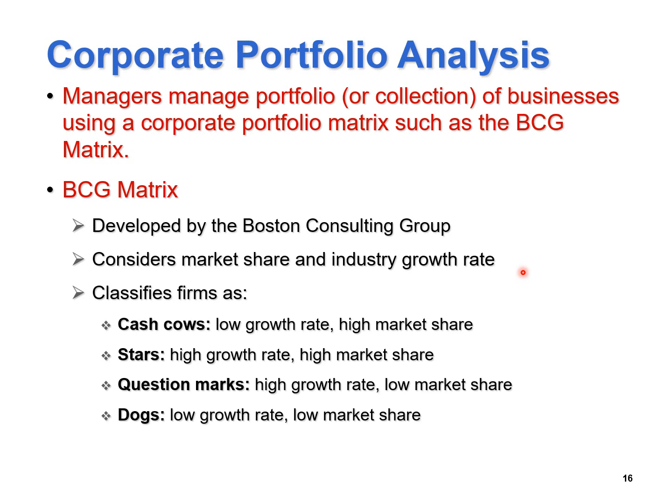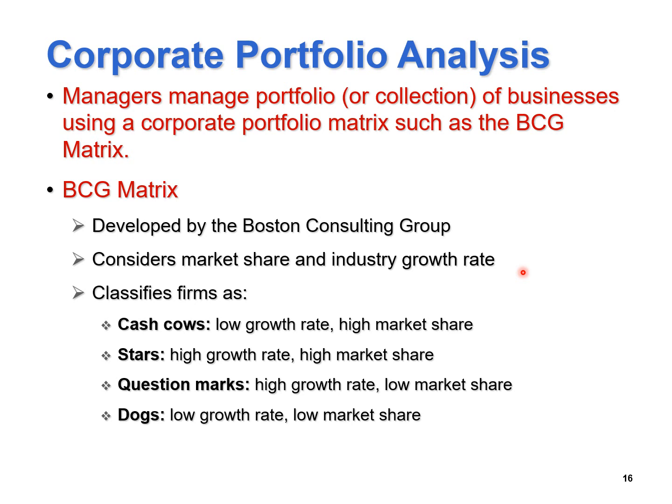And it creates a matrix, and the matrix contains four parts: the cash cows, stars, question marks, and dogs. Cash cows are the area where the industry growth rate is low and market share is high.